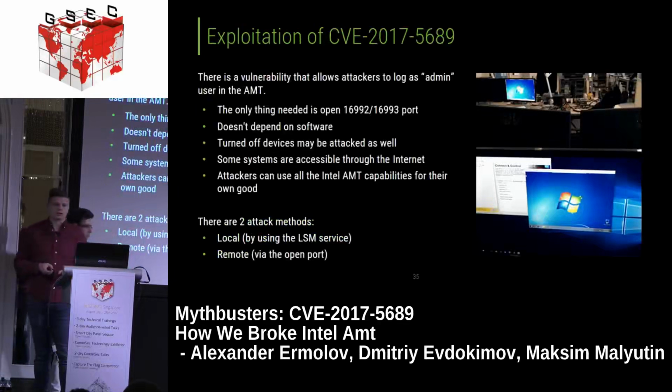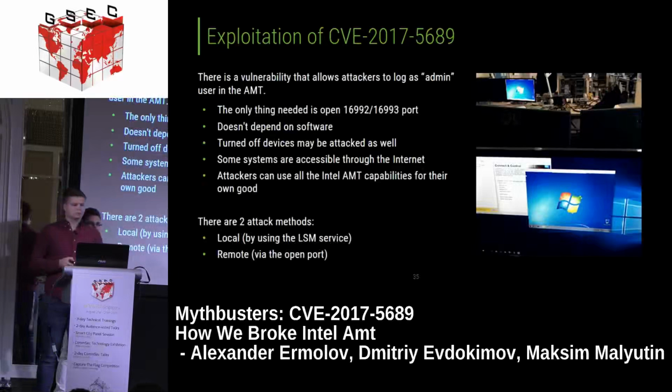For a successful attack, you only need a system based on an Intel CPU and chipset, where the only requirement is active Intel AMT services. For a successful attack, we do not depend on software. We can successfully attack Windows systems and Linux systems. Only Mac systems are not affected, because this code is cut from there.